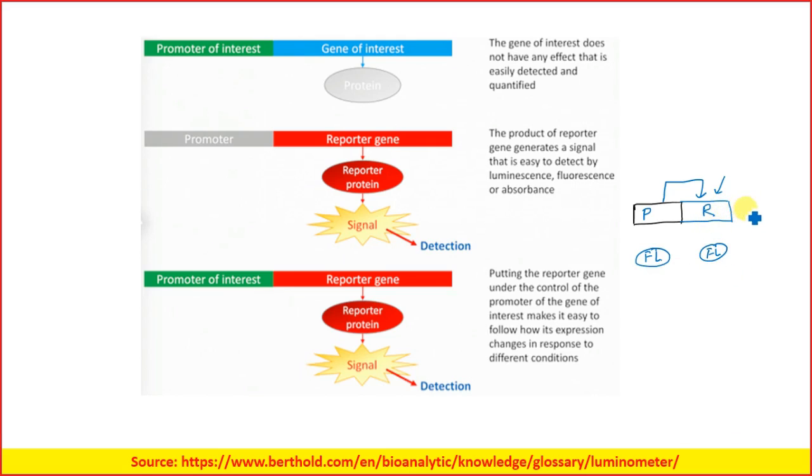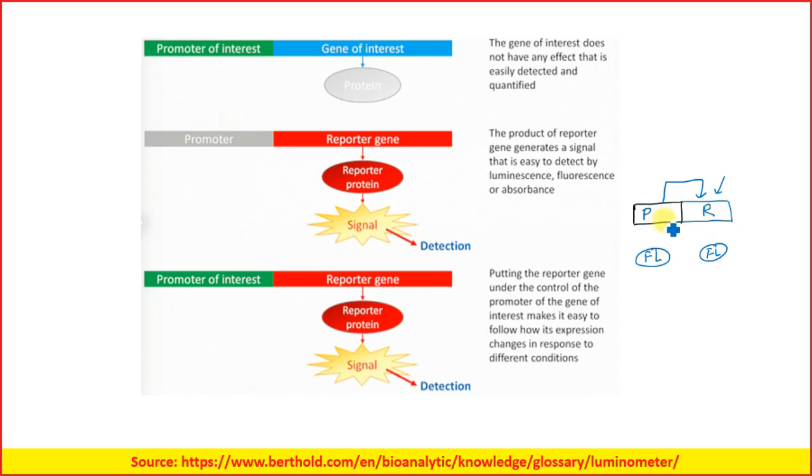Suppose you keep it in a conducive environment, in a nutrient broth, and then you incubate it at 37 degrees. So E. coli will get sufficient nutrient over there to grow.